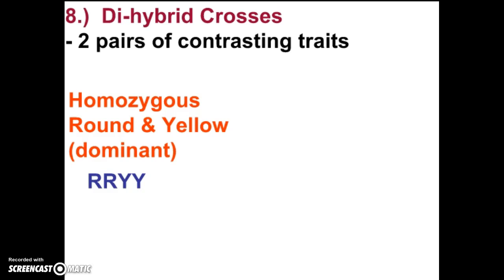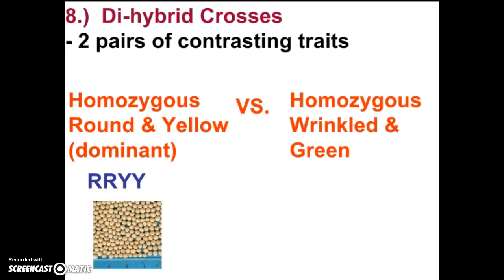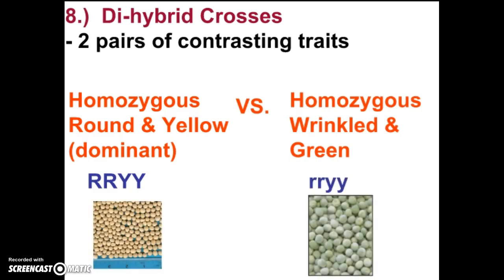Now remember, homozygous means the same size allele, and because round and yellow are dominant alleles, we represent those with capital letters. We'll cross that with the recessive individual. Homozygous, again, same size. In this case, it's the recessive form of the traits, wrinkled and green. Remember, we have to stick with using R's and Y's.